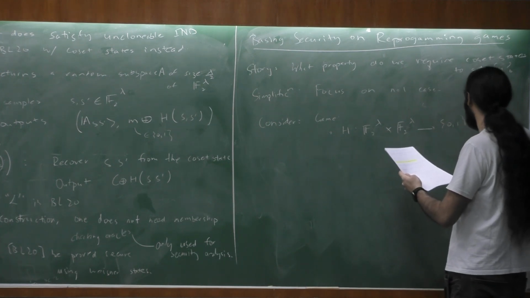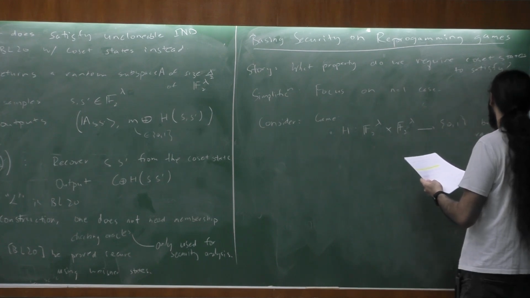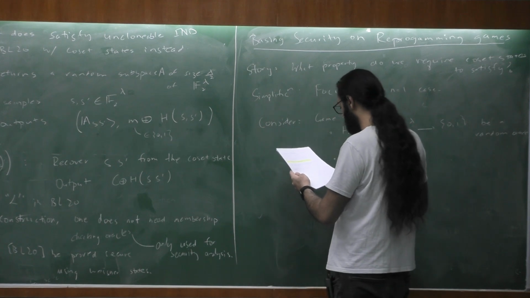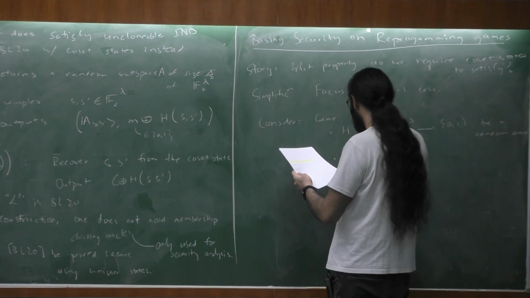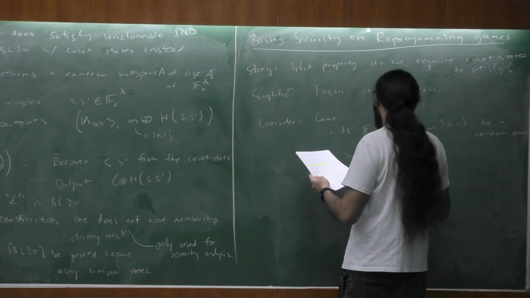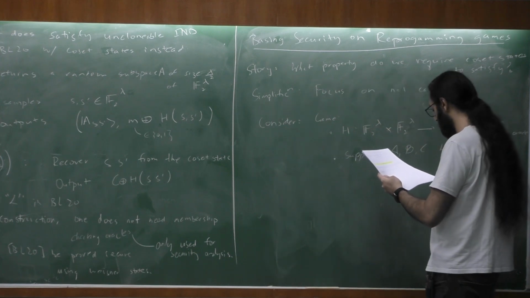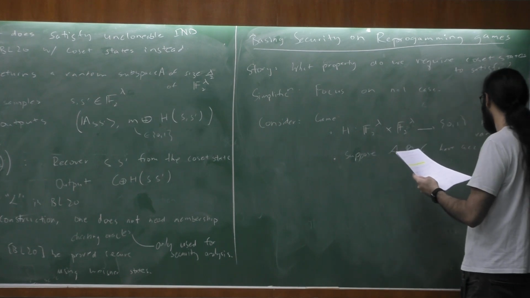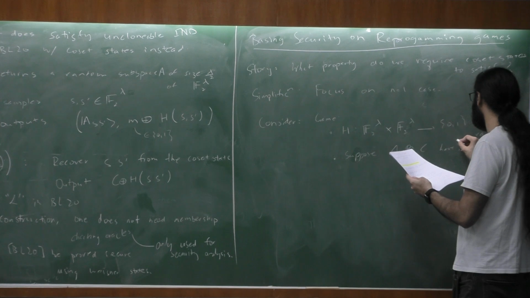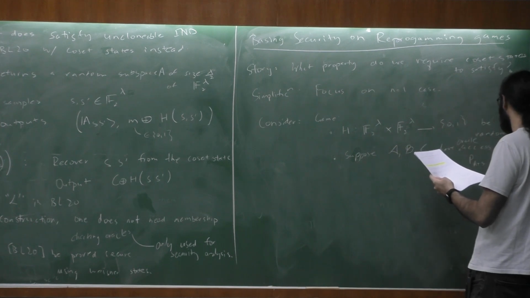So let H be a random oracle. Suppose A, B, C have oracle access to the membership oracles.